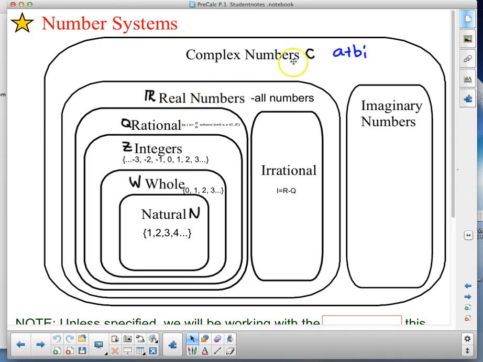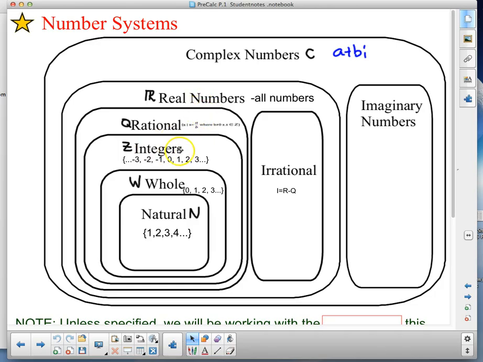Now we have the complex numbers, which will be C, and remember they're a plus bi, and imaginary numbers are inside that set, they just don't have an a value on the front. You have real numbers, which will be denoted by R. Q are rational numbers, and remember, Q for quotient is representing rational numbers, because rational numbers are numbers created by dividing one number into another number.